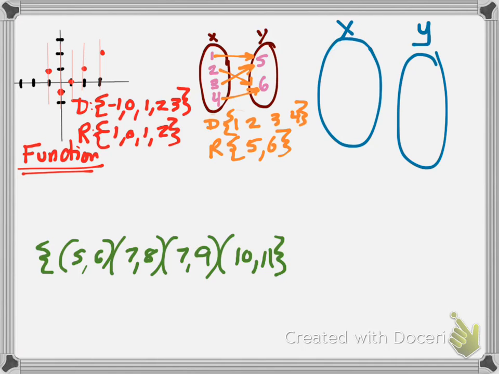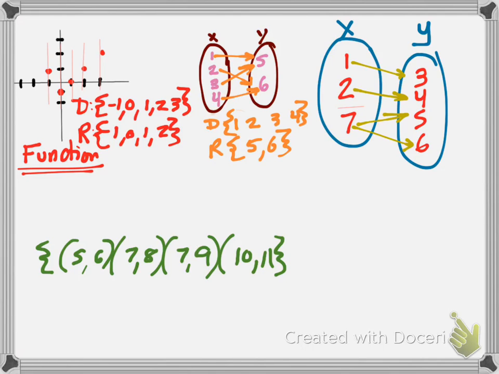Okay? To demonstrate what our mapping might look like if it were not a function, 1 is going to go to 3, 2 is going to go to 4, 7 is going to go to 5, and to 6. And that's the key right there.